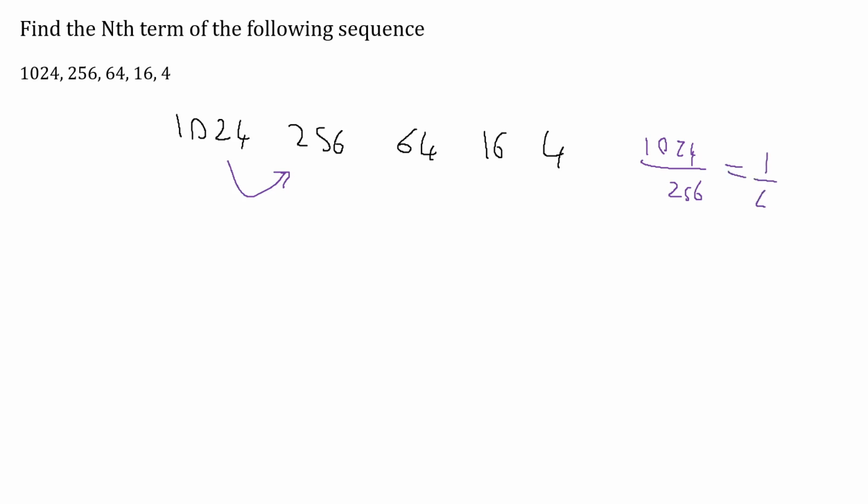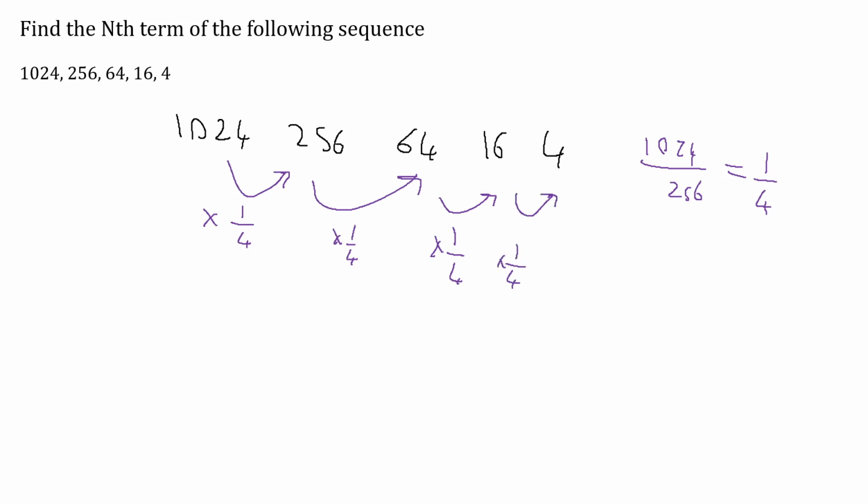It's equal to a quarter. We're timesing a quarter. 64 divided by 256 is also a quarter. 16 divided by 64, also a quarter. And we're also timesing it by a quarter.